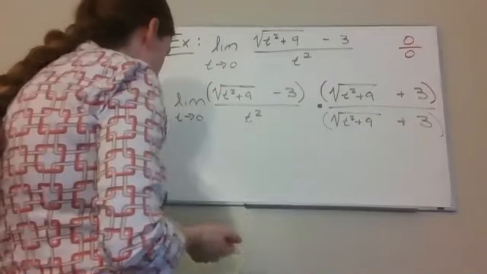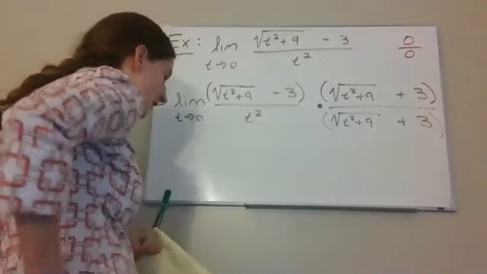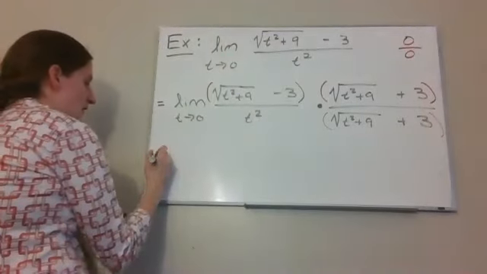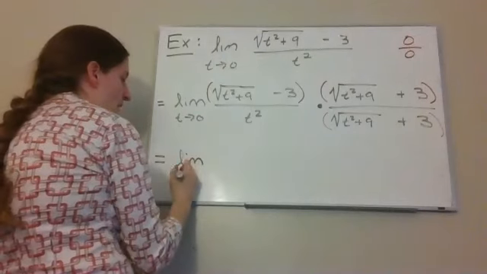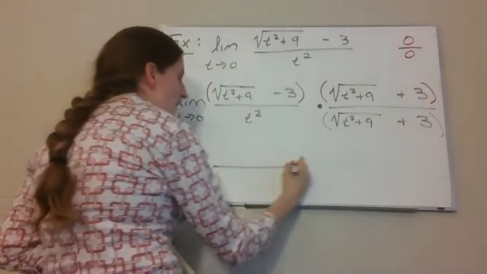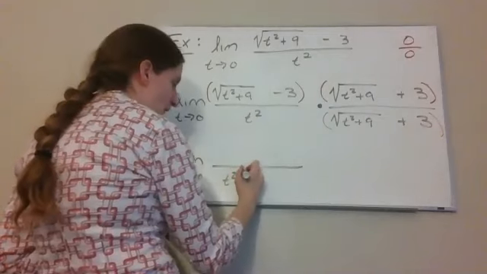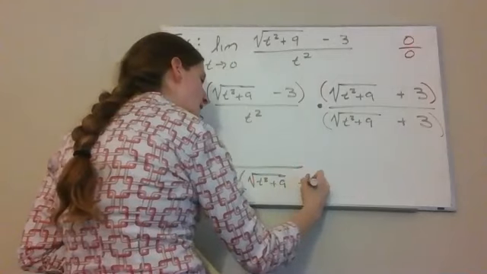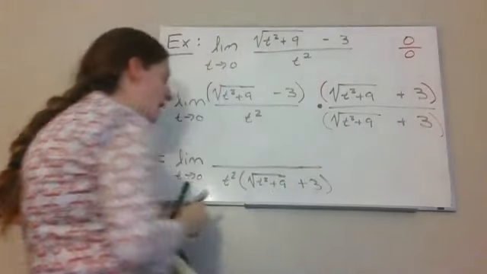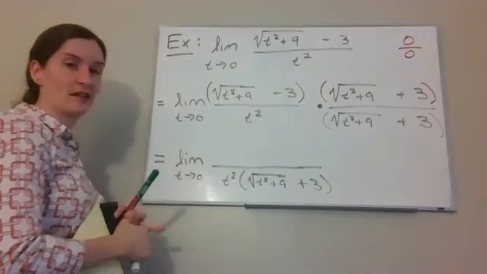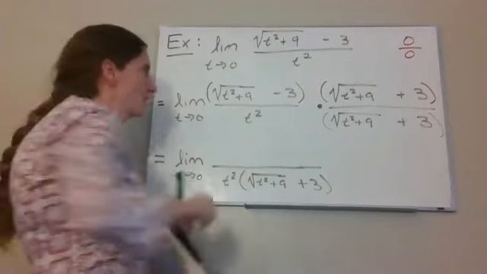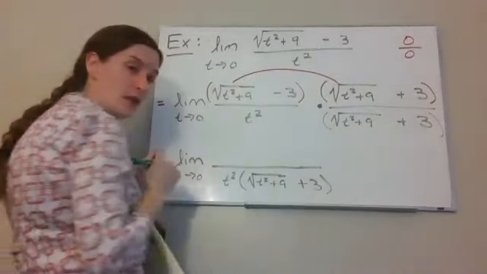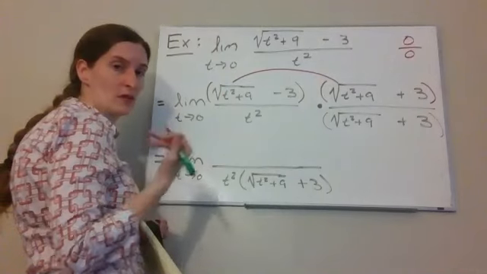All right, let's see what happens now when we try to distribute everything on the top of this problem. So I'm going to have a limit as t goes to 0. Let me fill in my denominator so I don't forget that it's there. And let's see what happens when I distribute all of that stuff up in the top. So this square root times that square root, it has the same stuff underneath the root, so it's a square root times itself.